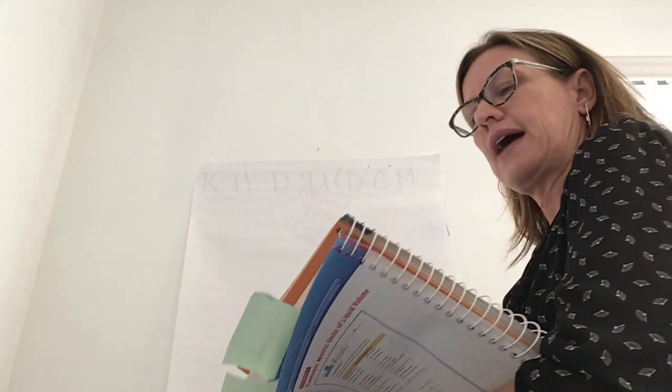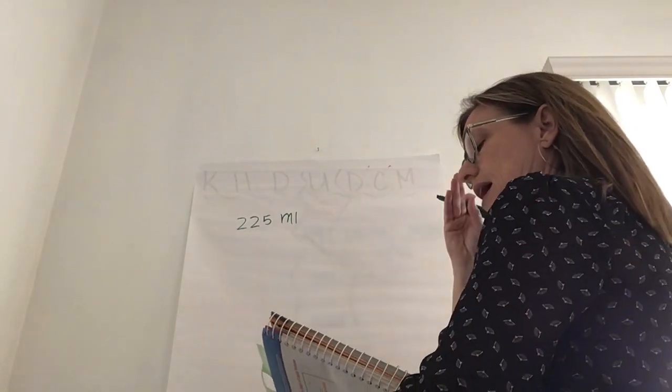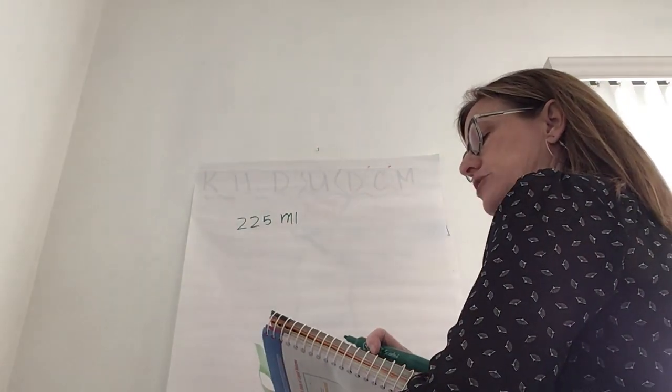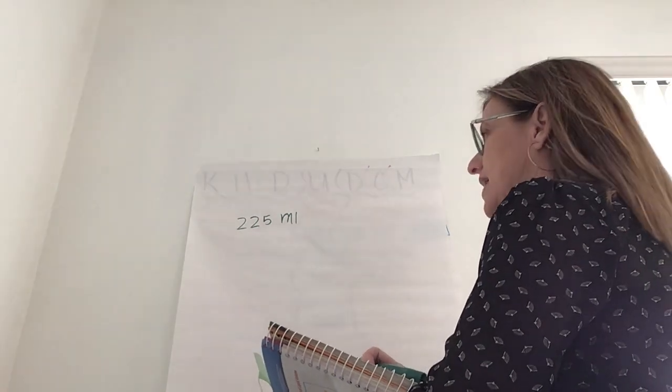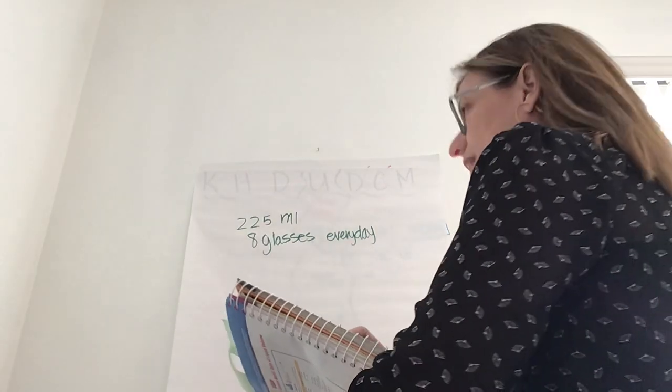So her glass holds 225 milliliters, so that would be over here on my chart. If she uses the glass to drink 8 glasses of water every day, how many liters of water does Morgan drink during a week?